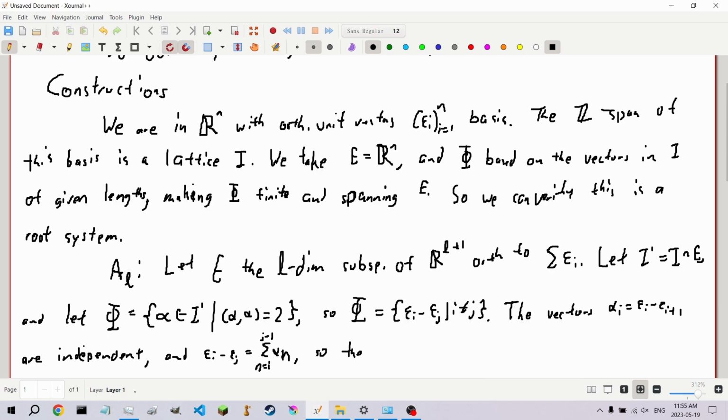So they form a base of our phi, giving our Cartan matrix.